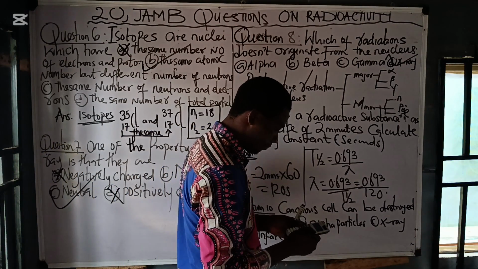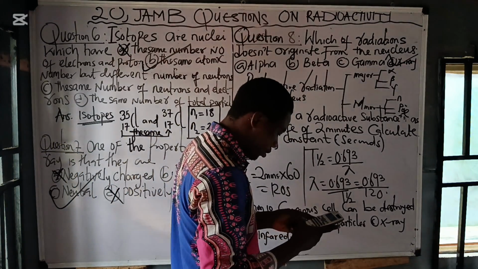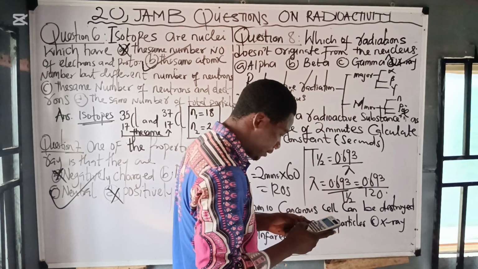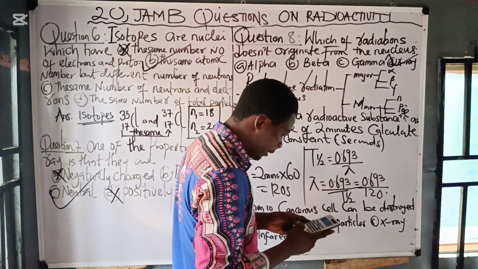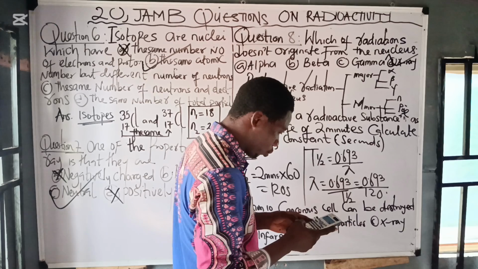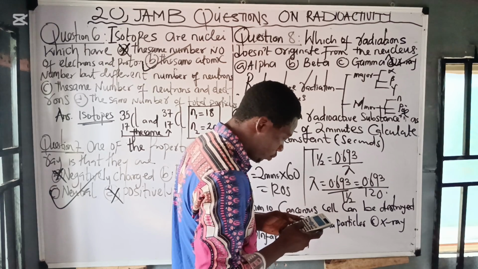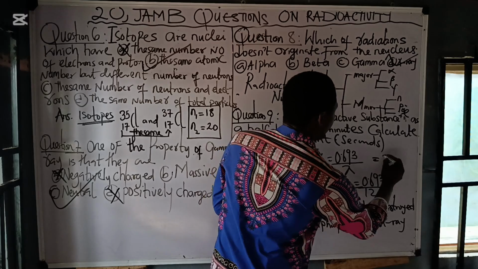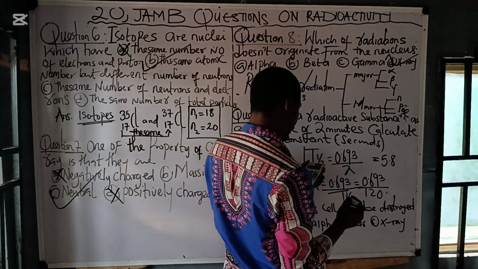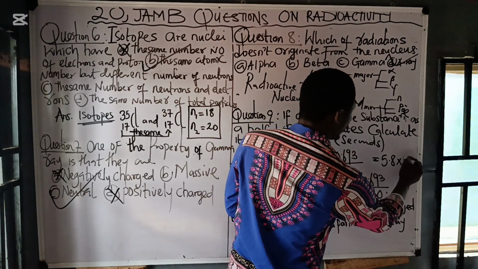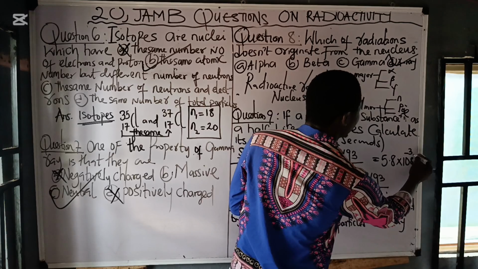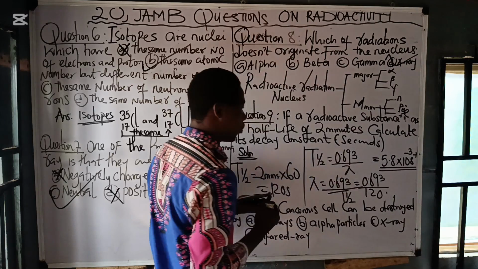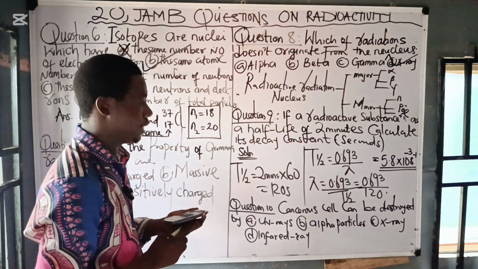You have 0.693 divided by 120. We have 5.8 times 10 raised to power minus 3, per second. That is the decay constant.